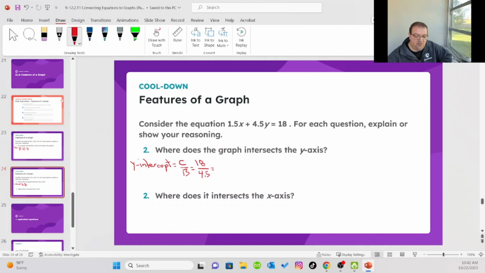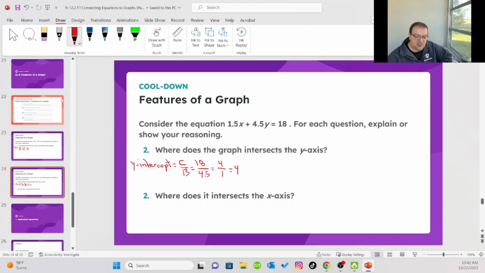Both of these are divisible by 4.5. 18 divided by 4.5 is 4. And 4.5 divided by 4.5 is 1. So my y-intercept is at 4.